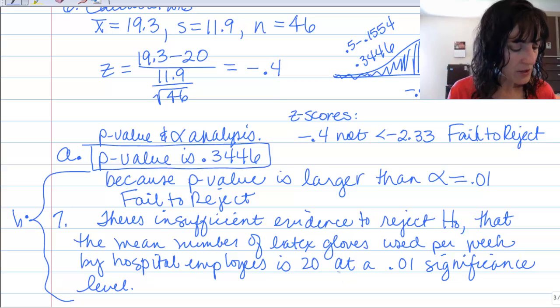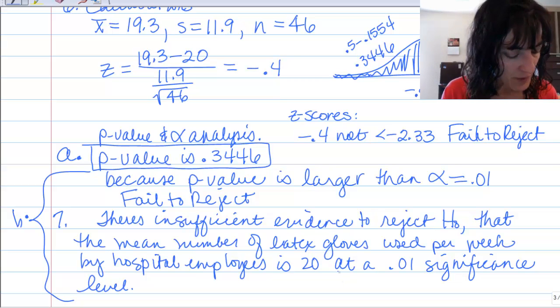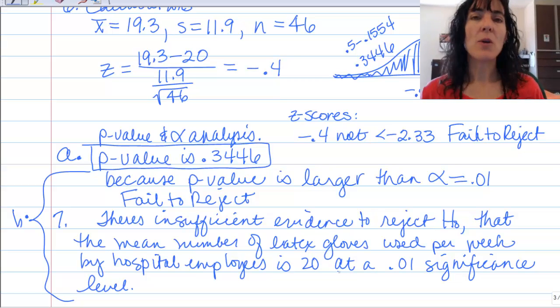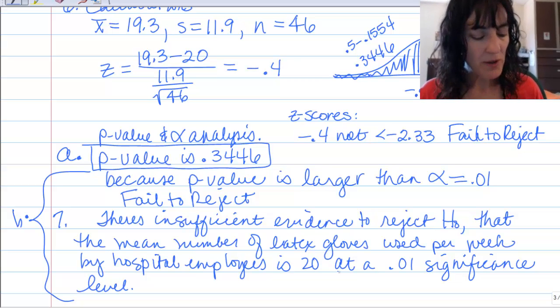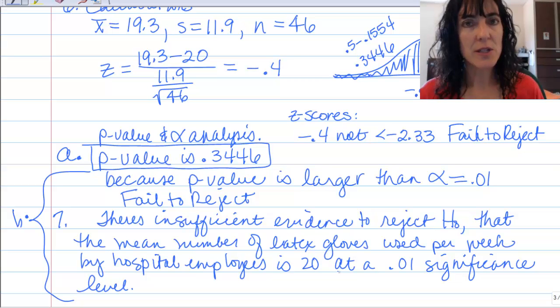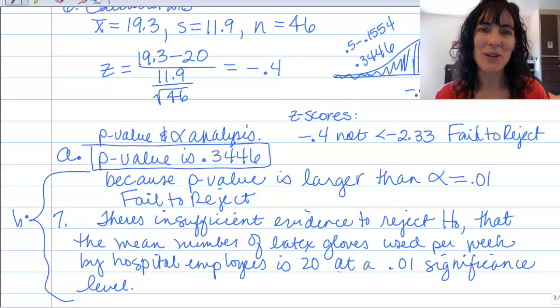Okay? And so remember that we always choose our alpha before we calculate our statistics, because we don't want to be led astray by the values that we get in our statistics. And then remember that alpha equals 0.15 is too high to reject H0. We just won't use it that high.